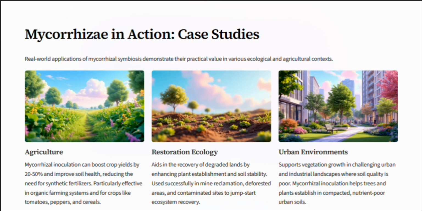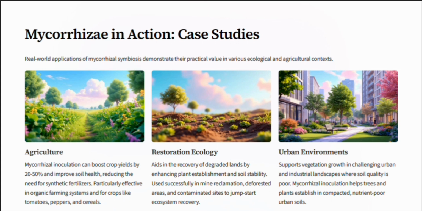Like in agriculture, it helped in boosting crop yield by 20 to 25% and improved soil health, restoring the ecology. Of course, if the soil is healthy, the ecology will be very healthy, and it will be maintained by the different species.